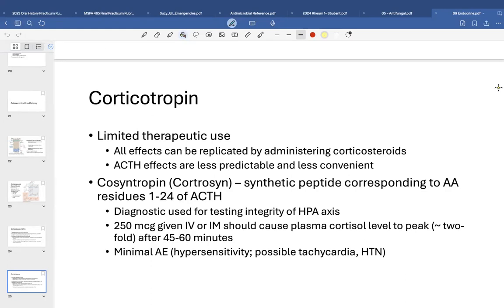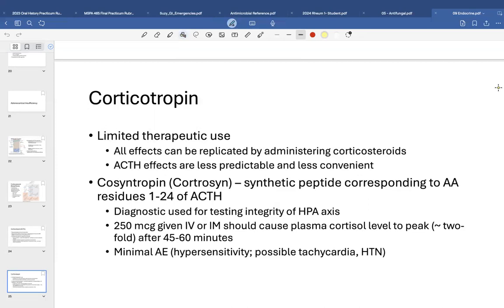So really, this is a diagnostic to see whether the adrenals are working in that patient. It's called a cosyntropin test. If you don't see the cortisol levels peak after about an hour after giving this, then you can conclude that the hypocortisolism is from the adrenals.